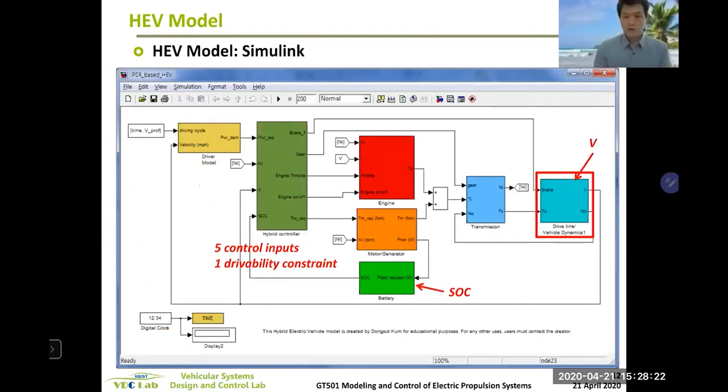Okay, now let's look at the model, the parallel hybrid model. So this model will be distributed to you. So you can start from somewhere for homework and maybe for your term projects.